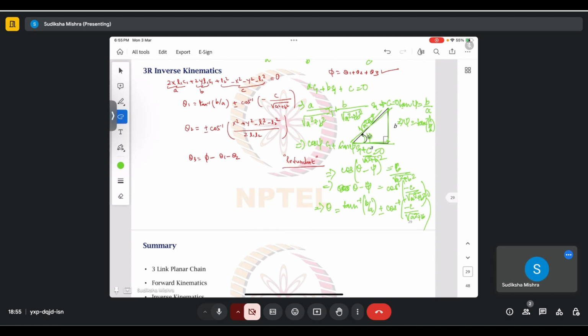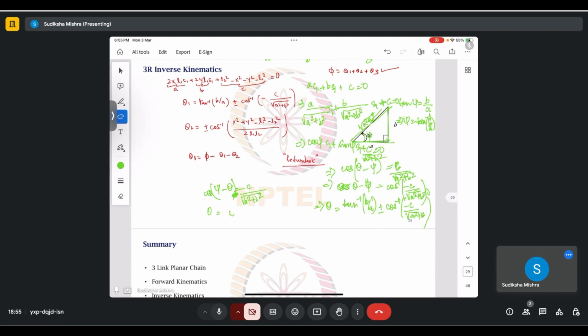Versus if this was to be psi minus theta, you get the opposite sign.